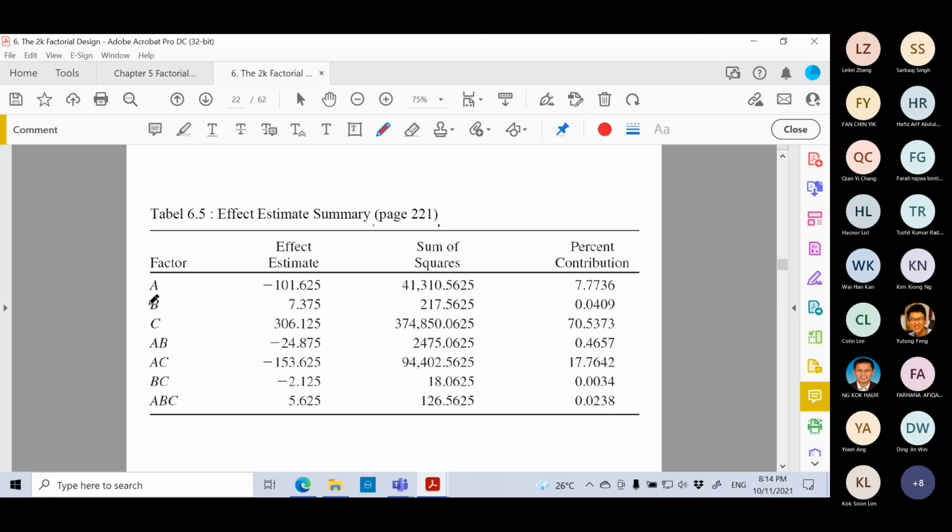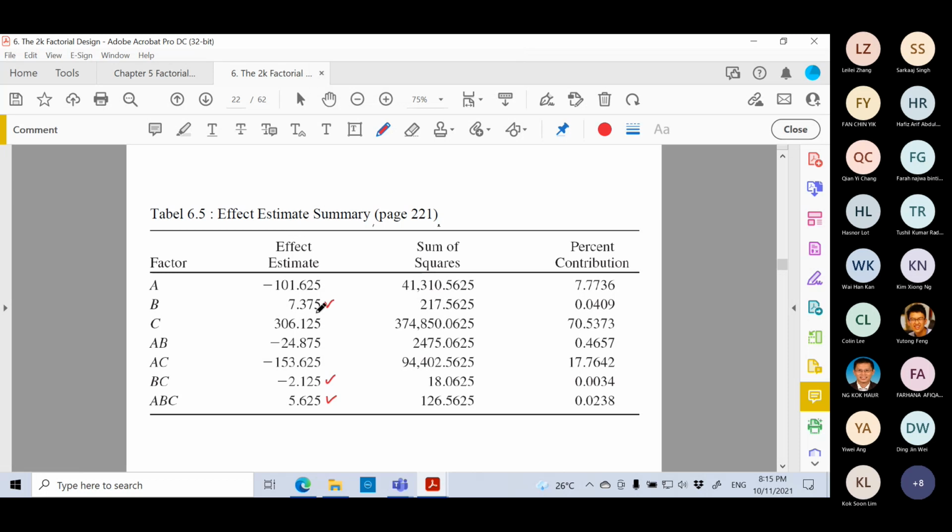Similarly, the effect of B is also close to 0. From the effects, if we test the significance of these factors, we expect that they are not significant enough. Okay, they are not significant. This is only what we observe from their effects.